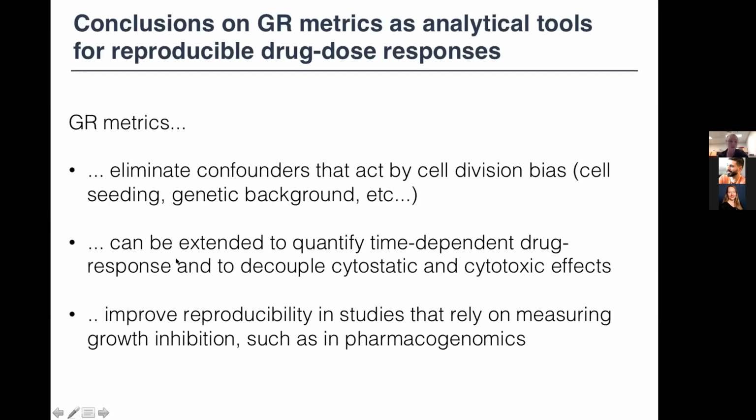We didn't dive into that, only touched on it. And then that last point that I made just before this slide, that GR curves can be decoupled into their toxic constituents. And finally, although we haven't talked about this yet, we'll get to it, that GR metrics, we think, improve reproducibility in studies that rely on measuring growth inhibition, such as most pharmacogenomic studies that we do in preclinical cancer research.